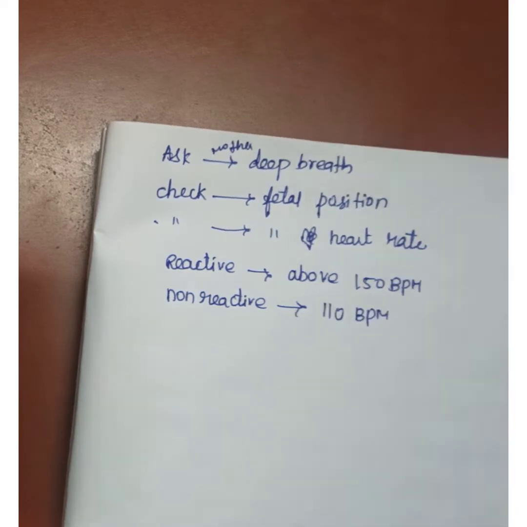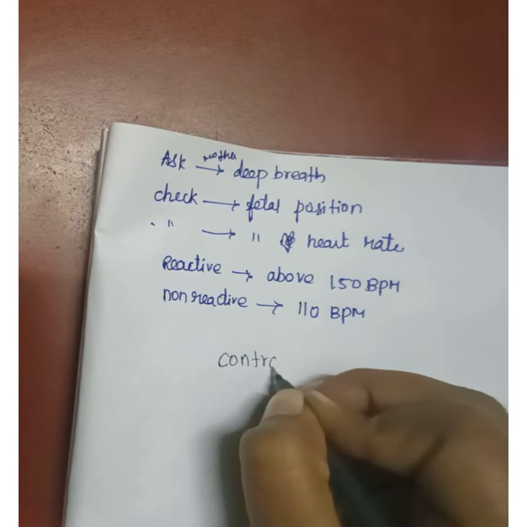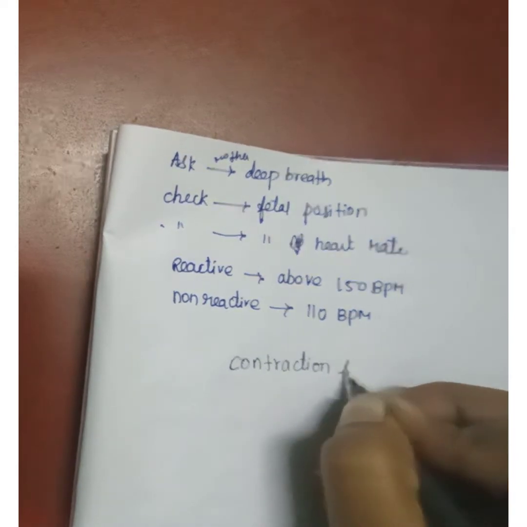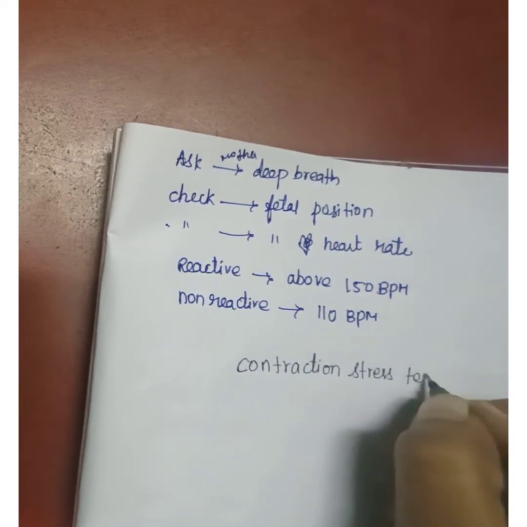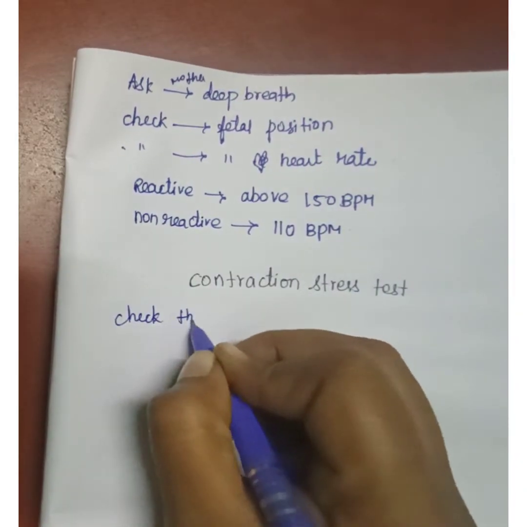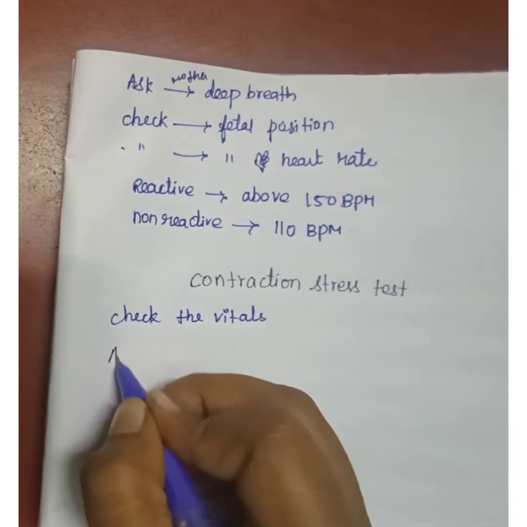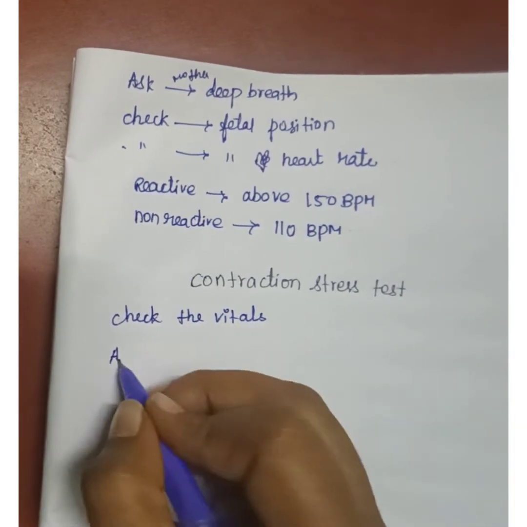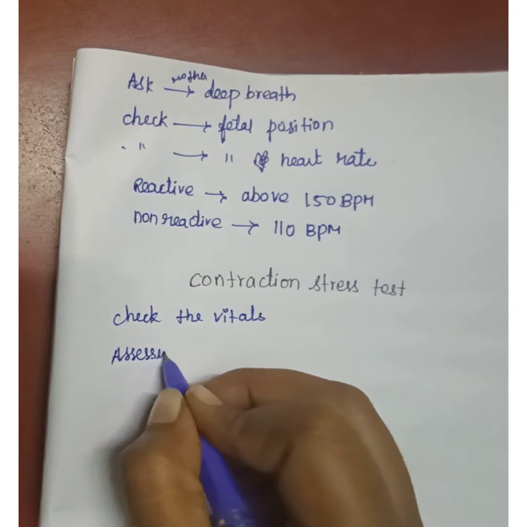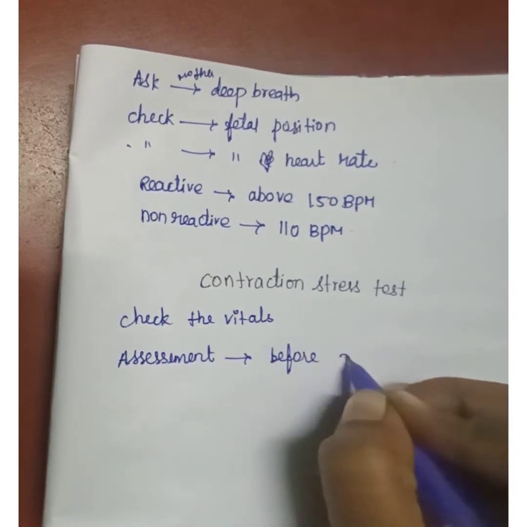Next procedure is contraction stress test. First, check the vital signs. Assessment should be done for 20 to 30 minutes.